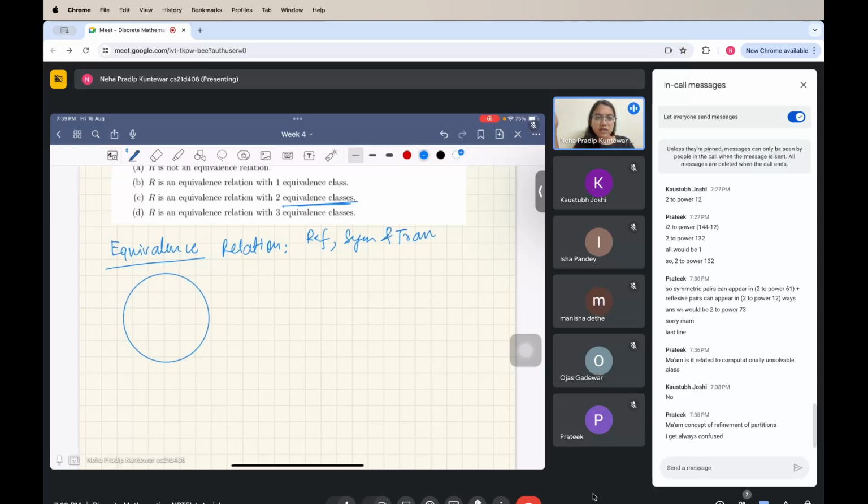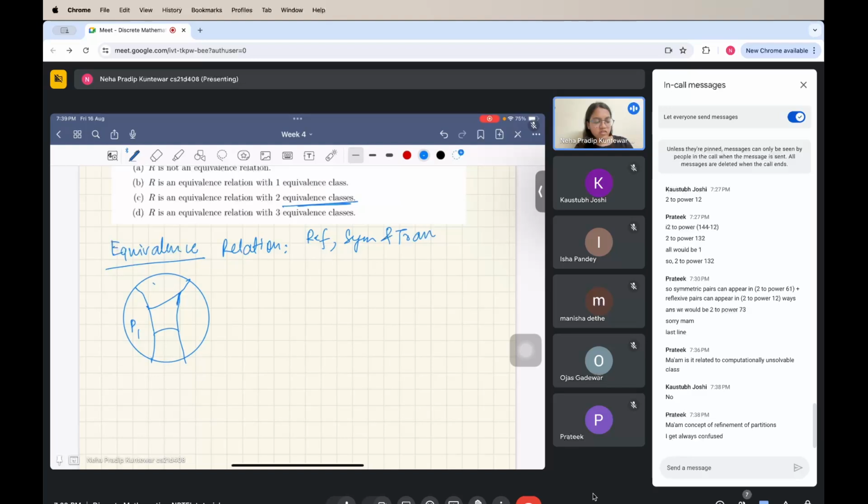This equivalence relation enjoys a very nice property which is not true for any other relation. If this property is true, then the relation is necessarily an equivalence relation, and if it's an equivalence relation, then the property must hold. It's a characterization which says that it always partitions your set, or basically induces a partition on the entire set.